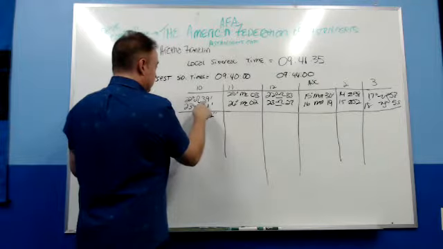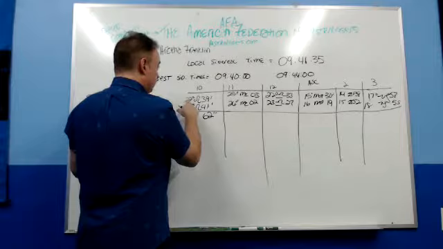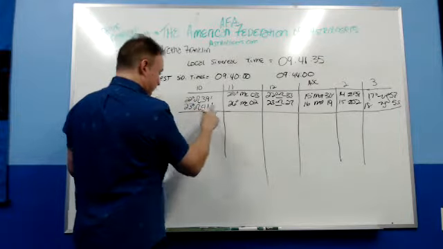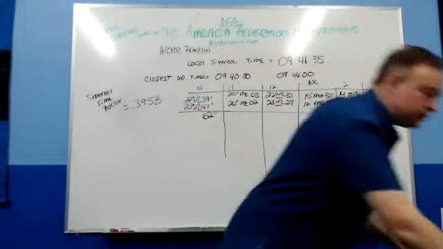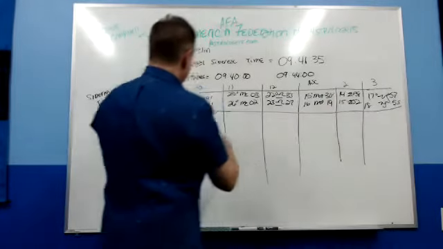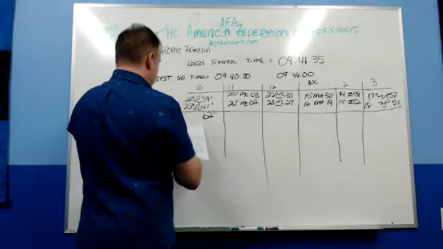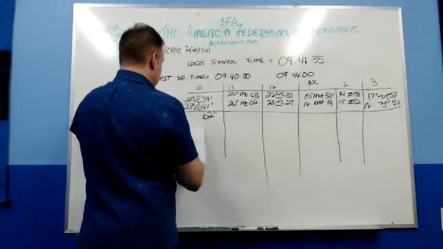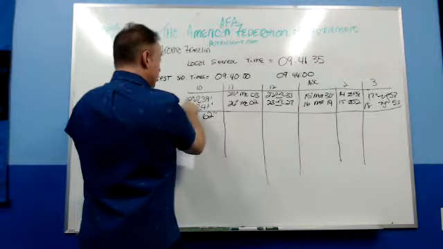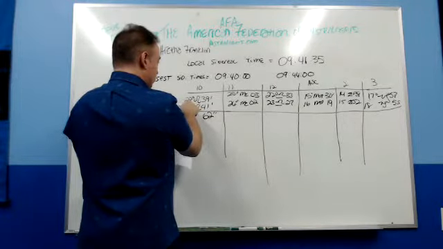The easiest way is to see how many more minutes you need to get to 23 degrees and then add that to 41. 60 minus 39 is 21, so 21 more minutes gets you to 23 degrees.